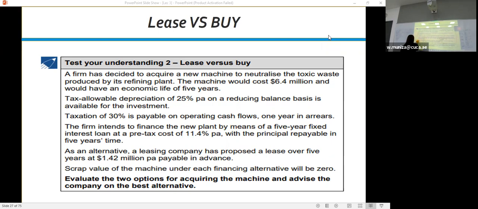3.69. 1.42 is the lease payment, and how much tax is there on it? 1.42 multiplied by 30%, 0.426. Taxation 0.426, before the discounting. Oh, okay. Got it?